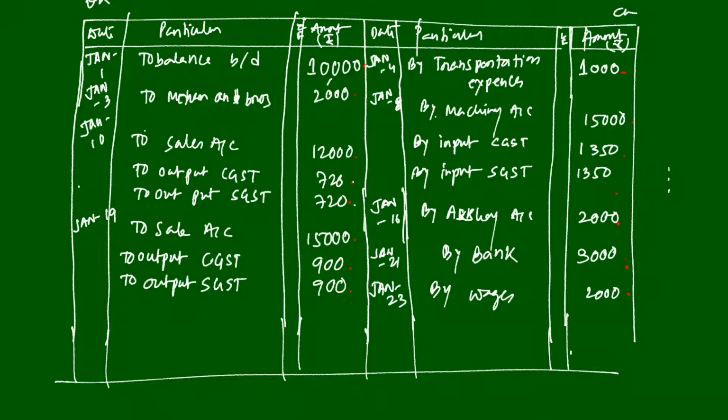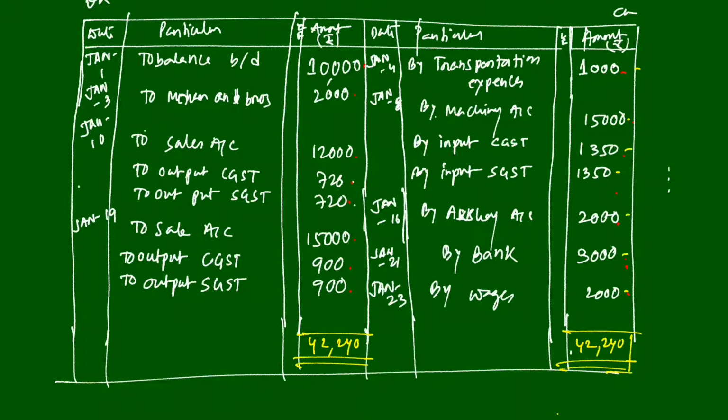So that's why you have to write the total. 10,000 plus 2,000 is 12,000, 24,000, 15,000, 720 plus 900, total 42,240. That side also 42,240. Now you have to subtract 2,000, 3,000, 2,000, 1350, 1350, 1,000.